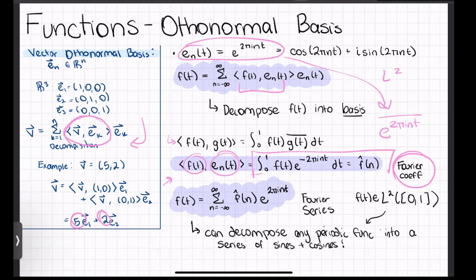And now if we put it all together, we have f of t is the infinite sum of the Fourier coefficient with its basic building block. And this, ladies and gentlemen, is what gives us the Fourier series. What this tells us at the end of the day is that we can decompose any periodic function in this space into a series of sines and cosines.